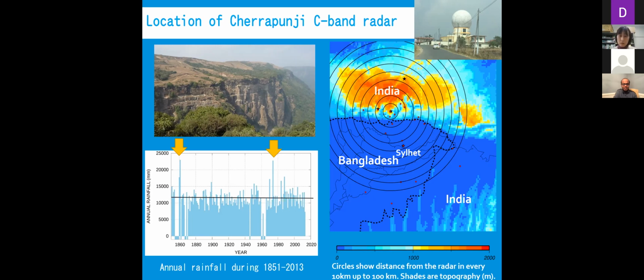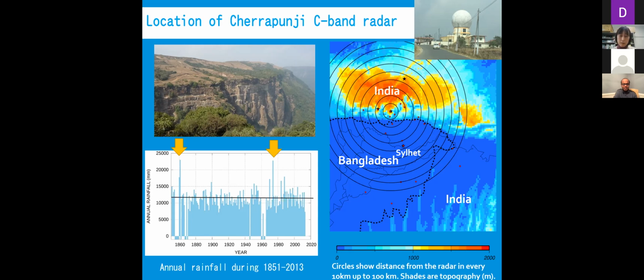The shade in the right figure is altitude, and the center of the circles is Cherrapunji town. This town has a world record of rainfall amount for more than one month and longer time scales.